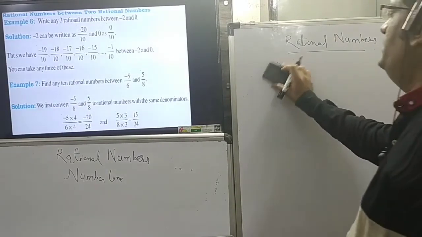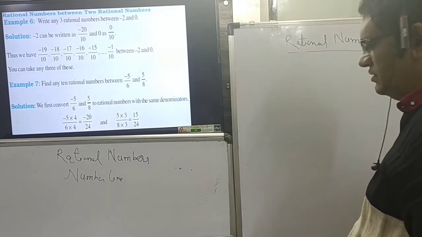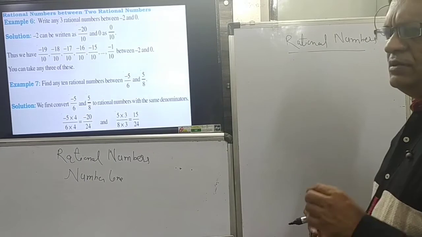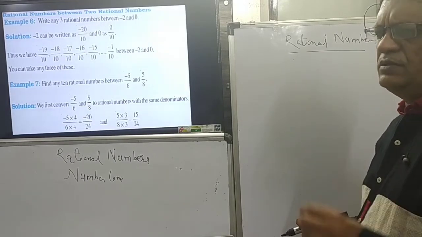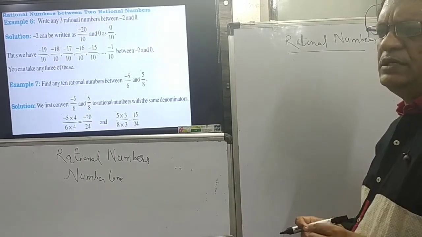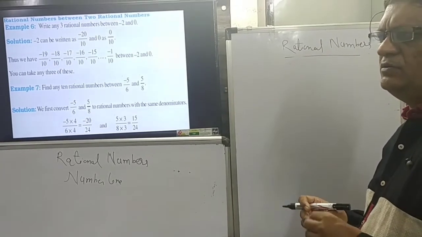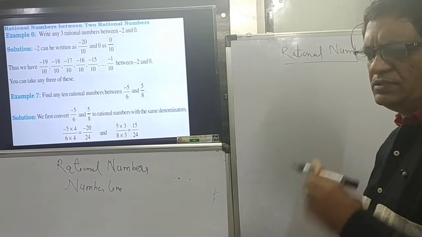Now, how to represent a rational number between two rational numbers? There are many methods, out of which we have two methods. One method is somewhat difficult, but it is the method in which we can find exactly one rational number between two rational numbers in one step.